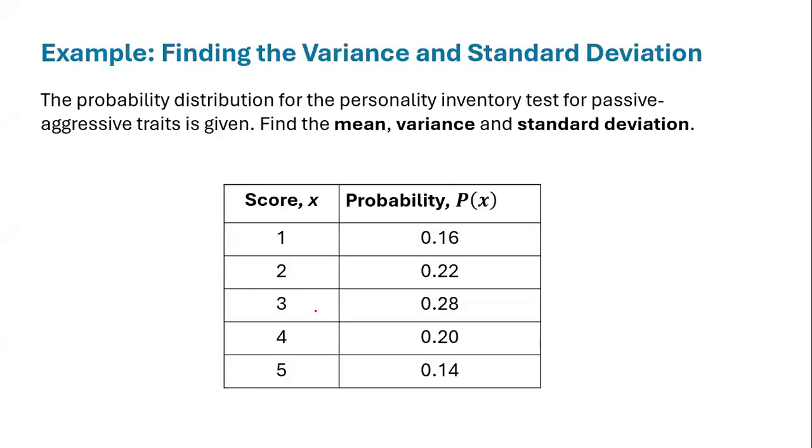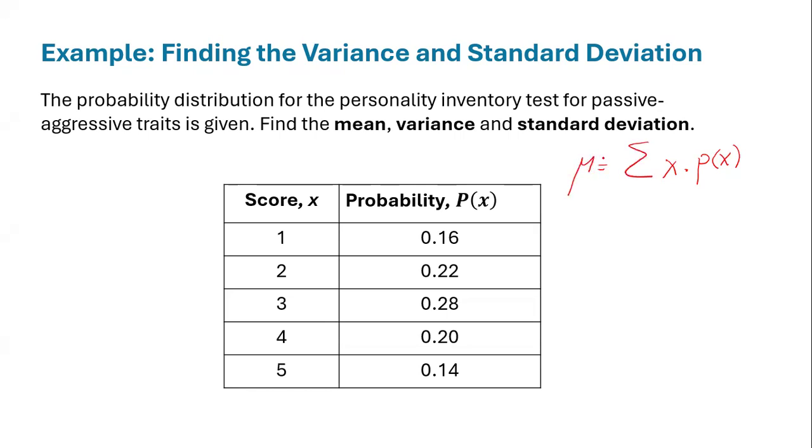Okay. For the first example, a probability distribution for the personality inventory test for passive-aggressive traits is given. Find the mean, variance, and the standard deviation. To find the mean, we said we need to multiply all of the x by the probability of that x, and then add them together.